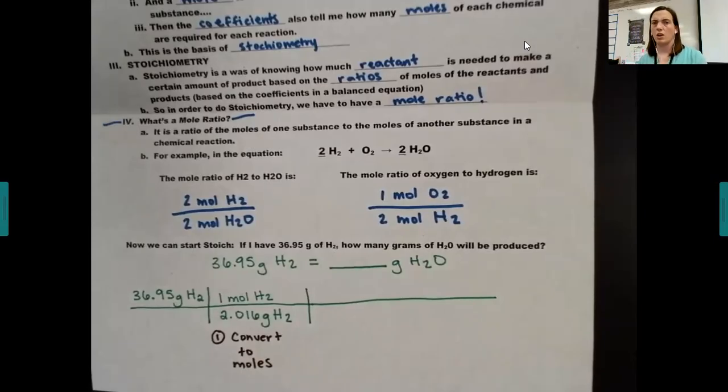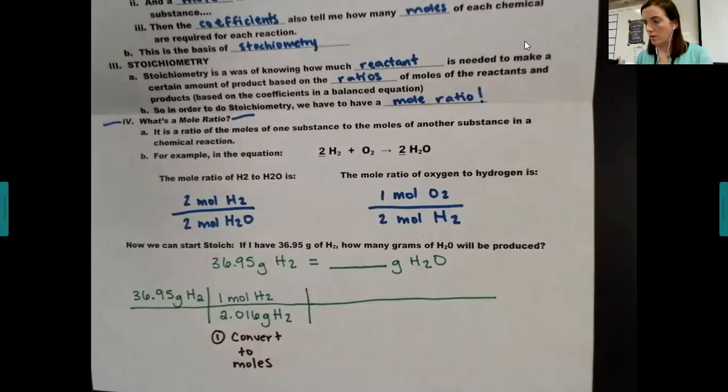That'd be like me talking to you in French, and expecting you to understand exactly what I'm saying, even though most of you have no background in French. So we need a translator to go from French to English so you know what I'm saying. That's where the mole ratio step comes in.